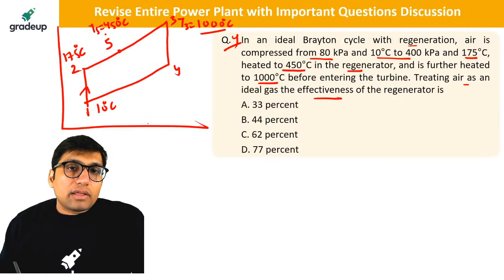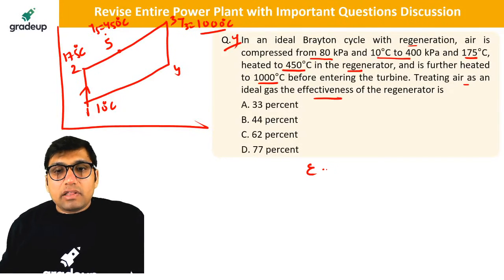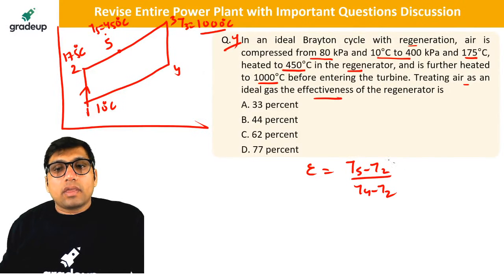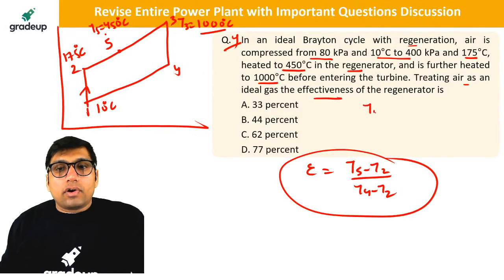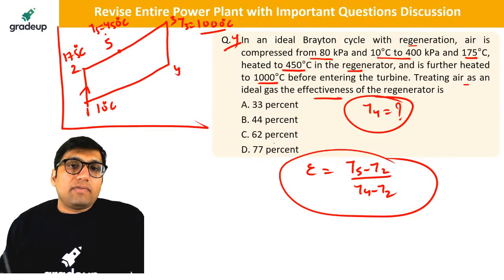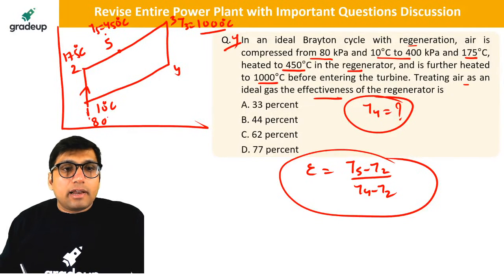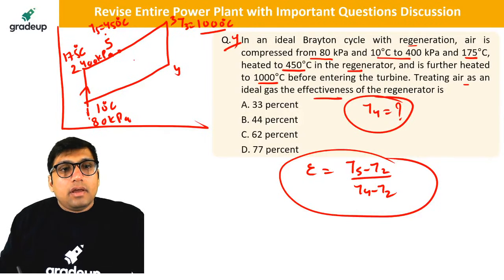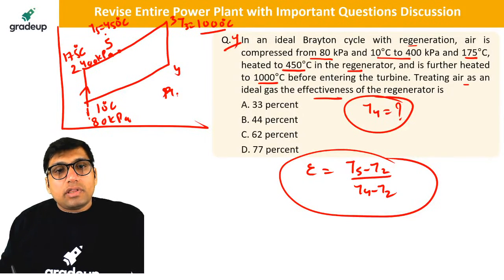How can you find effectiveness? Effectiveness will be equal to T5 minus T2 over T4 minus T2. You just need the value of T4. If you know T4, you can find effectiveness. So how can you find T4? They have given the value of P1 as 80 kilopascal and this is 400 kilopascal. So pressure ratio is equal to 5.